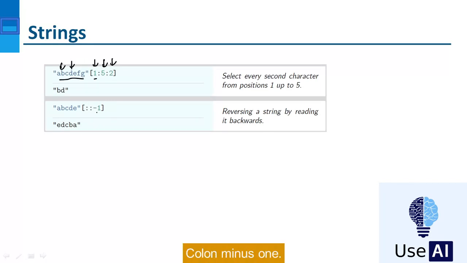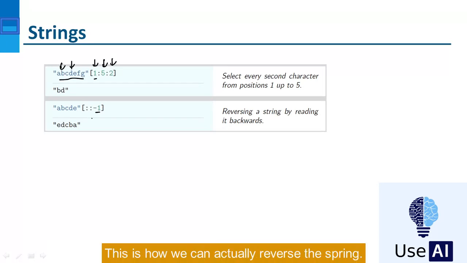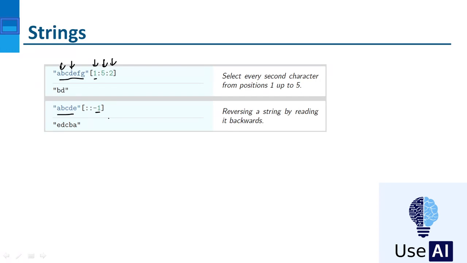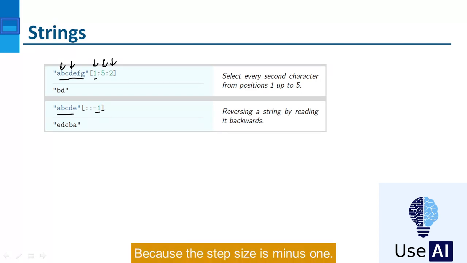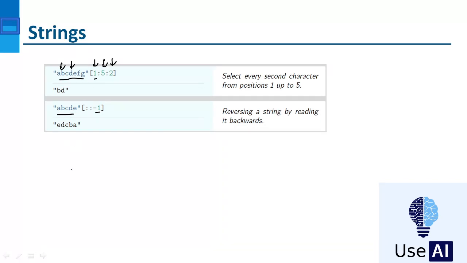ABCD of colon colon -1 means we are starting from the reverse completely. This is how we can actually reverse the entire string, because the step size is -1. It will decrement and it will display the entire reverse of the string.